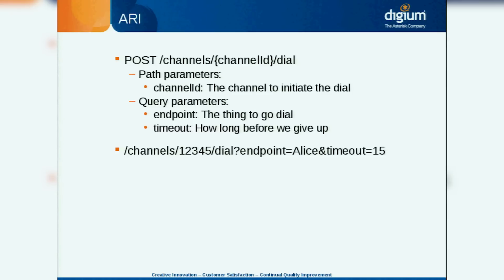So what does something look like? This is one of the really great things about ARI. It's a very approachable interface. So without even being an Asterisk expert, I can look at the call to the REST interface and say, I have a channels resource. All right, I'm dealing with something called a channel. And it's channel 12345.